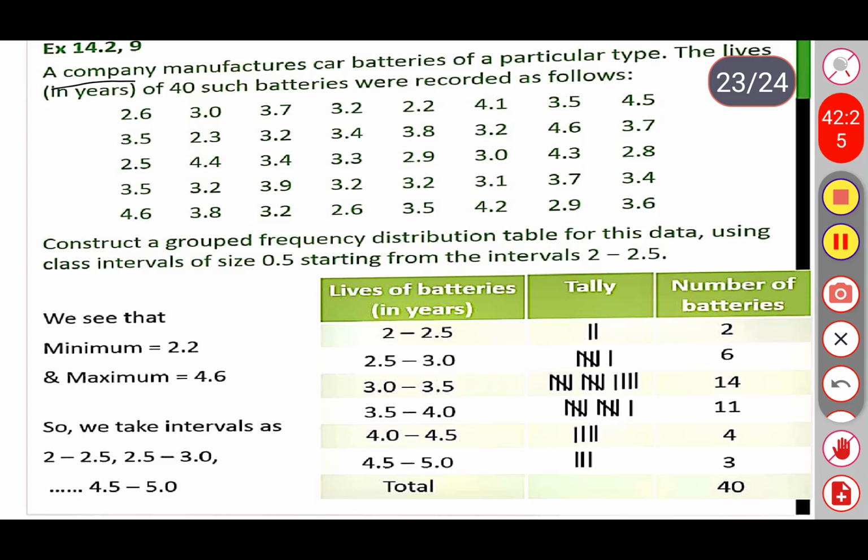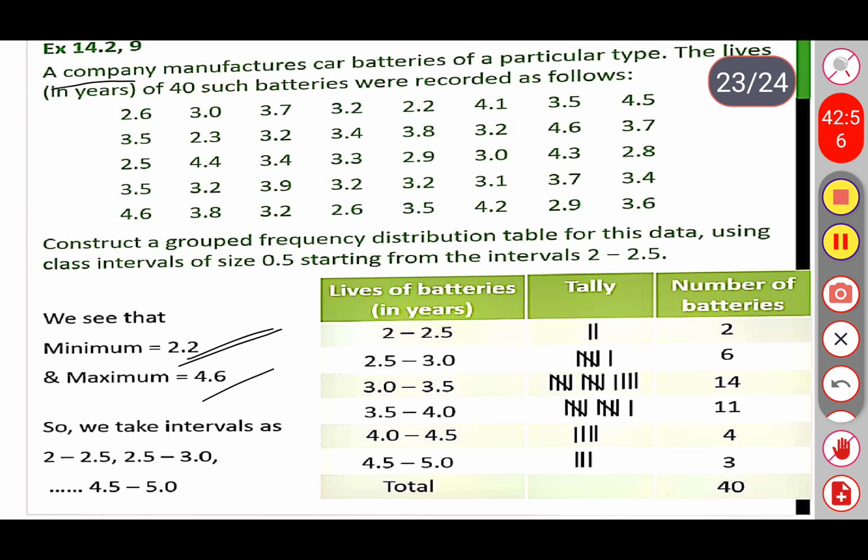Construct a grouped frequency distribution table for this data using class intervals of size 0.5 starting from the interval 2 to 2.5. Before constructing this table, we need to observe the least value and the maximum value.